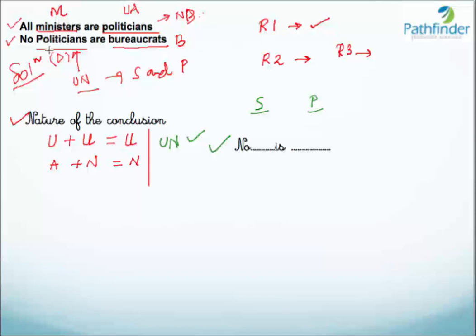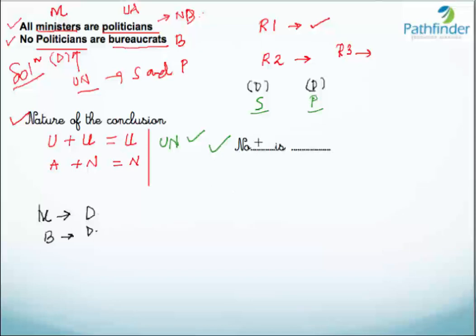So what do we see? Is ministers distributed in the first statement? In a universal affirmative statement, ministers is distributed. And in a universal negative statement, bureaucrats is also distributed. Now we know that in a universal negative statement, both the subject and the property are distributed.